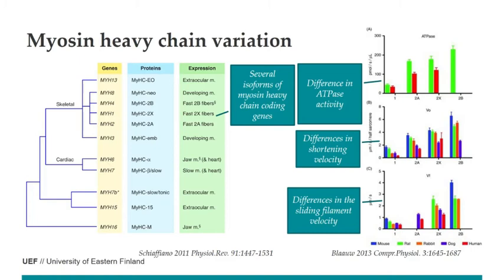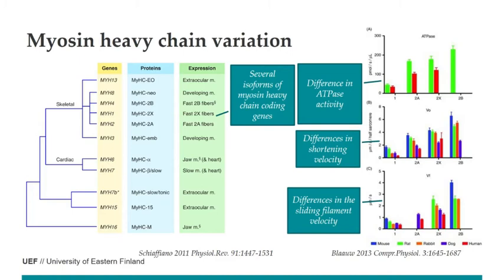But as you can see over here, there is mouse, rat, rabbit, dog, and human. There's species-dependent variation also, for example in the shortening velocity there in the middle. Type 2A in the human, on the right-hand side, is quite low versus in the mouse.